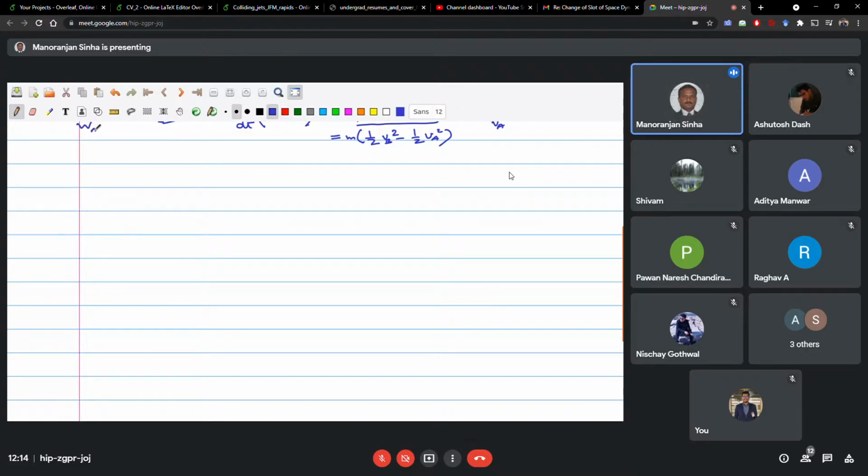Thus we have WAB equal to UA minus UB, and this is equal to 1 by 2 m VB squared minus 1 by 2 m VA squared. This is the potential energy, kinetic energy, so this is the total energy.